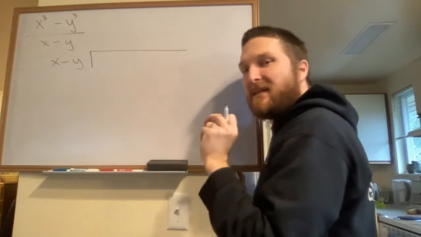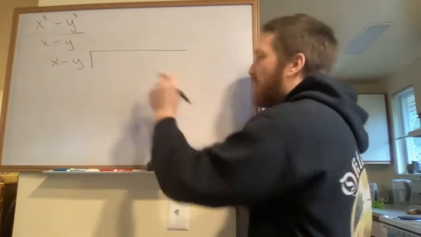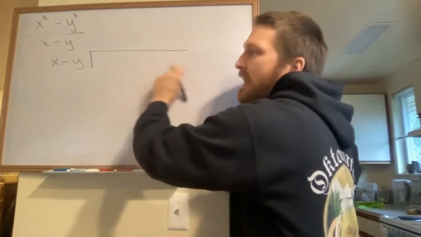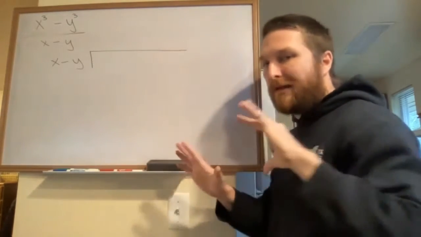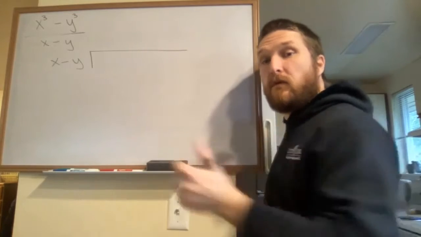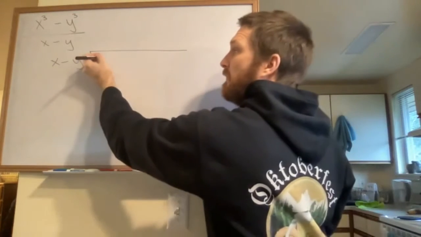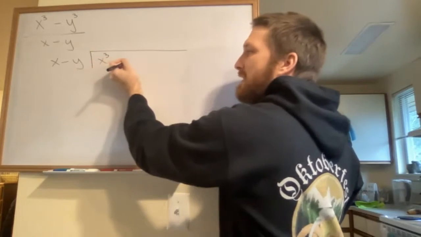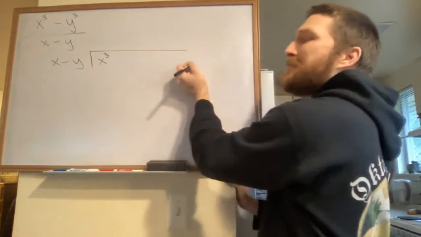Right. The thing is, whenever we're doing this, we cannot have a factored form in here. It has to be pure polynomial. So wouldn't it be x cubed minus y cubed? Yeah, but we're missing a whole bunch of terms.